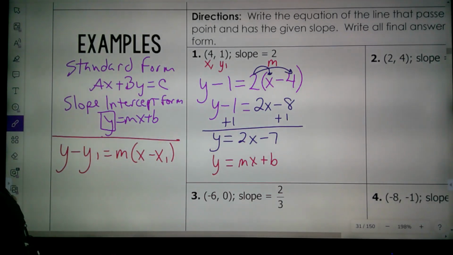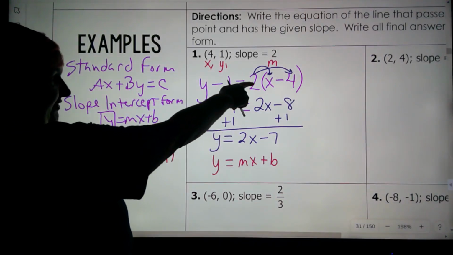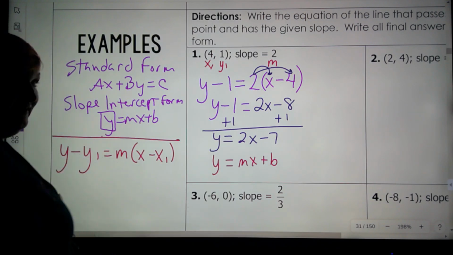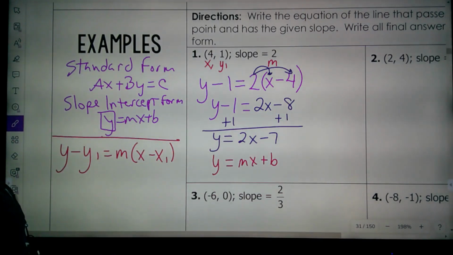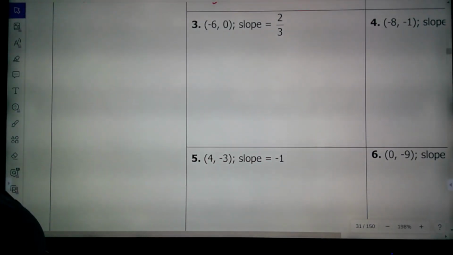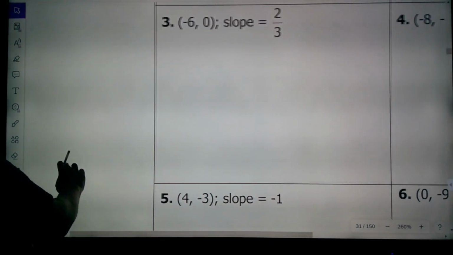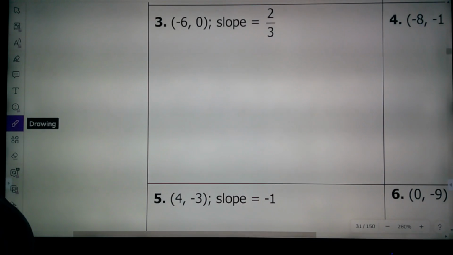That's all we had to do. We substituted the information into the formula, distributed, and solved for y. Isolated the y. That's it. Feel free to pause and stare at that as much as you need to. Rewind it and watch it again until you get it.